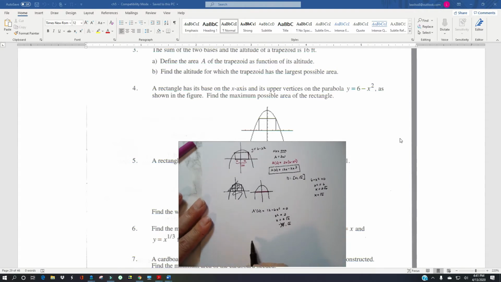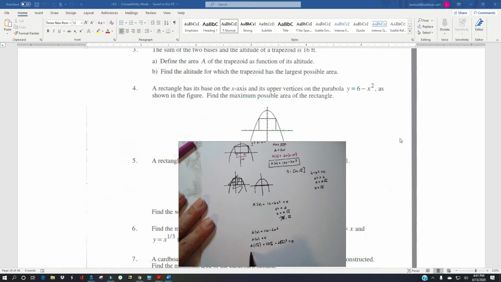Well, let me just rewrite it here again in case it goes out of view. If I evaluate A of 0, well, that's 0. If I evaluate A of root 6, well, that's 12 root 6 minus 2 times root 6 cubed, and that's 0 as well. And so probably it's going to happen at root 2.